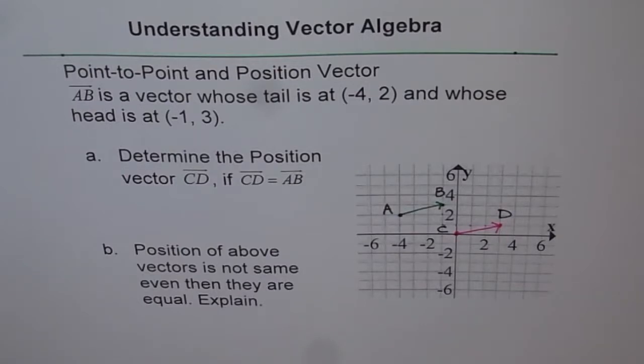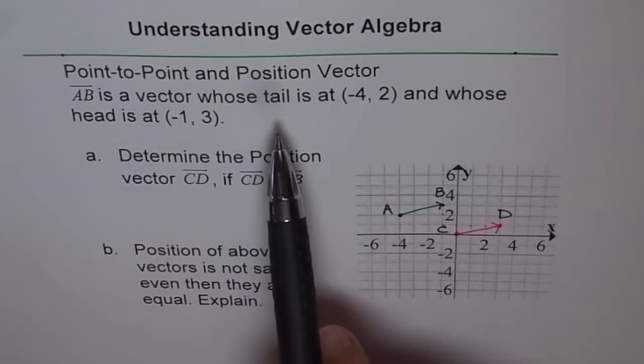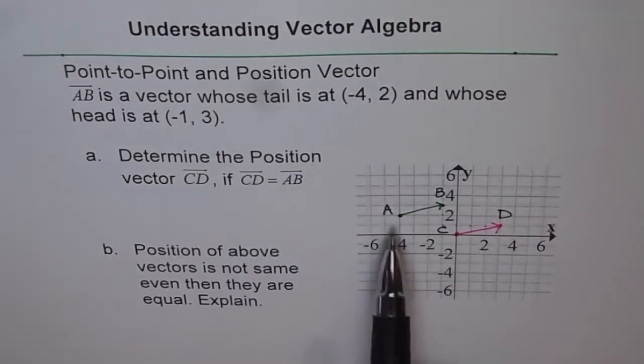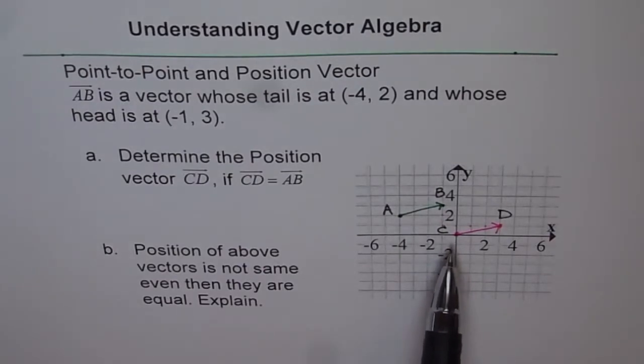Converting point vector into position vector, right? What we did really was that we changed the position of the tail from the given position to the origin, 0 0. So see the change.